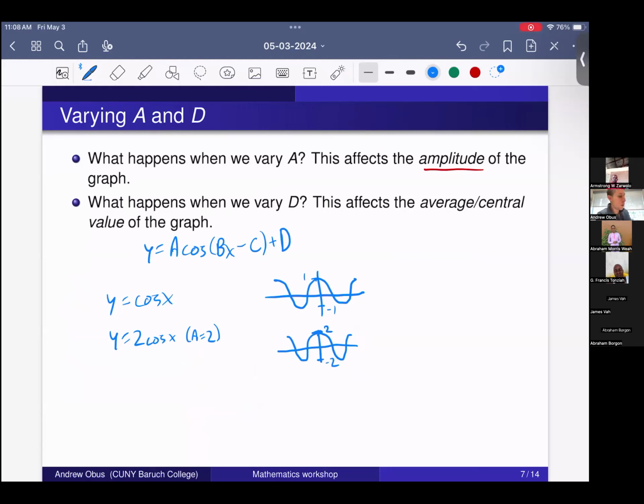So what we see here is that modifying a stretches or compresses, for instance if we replaced a by 1/2, the graph in the vertical direction.